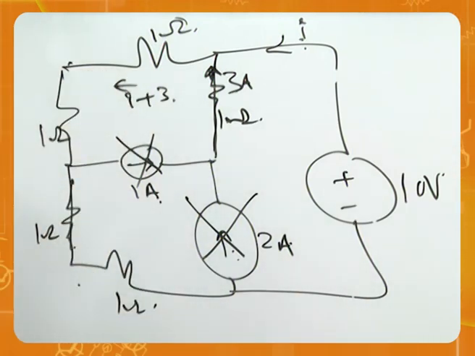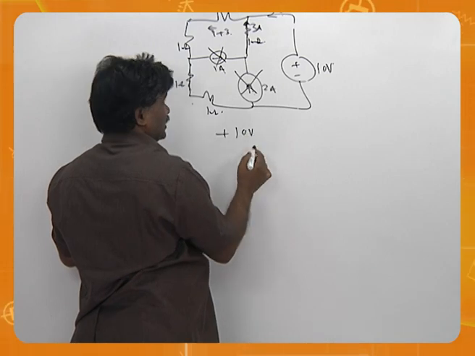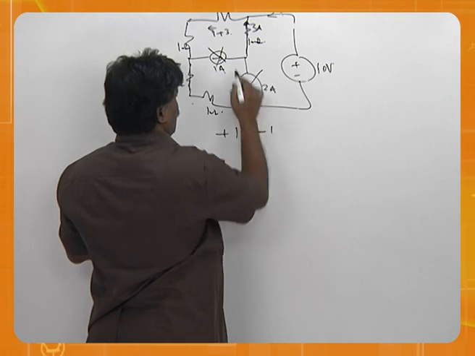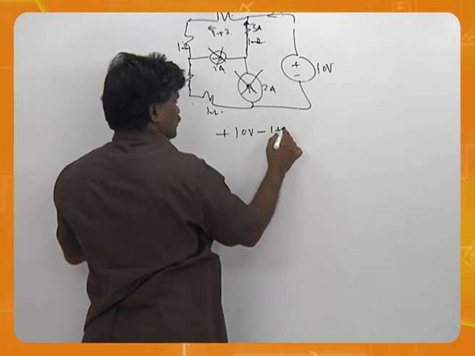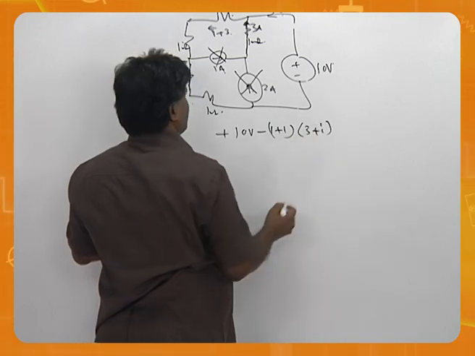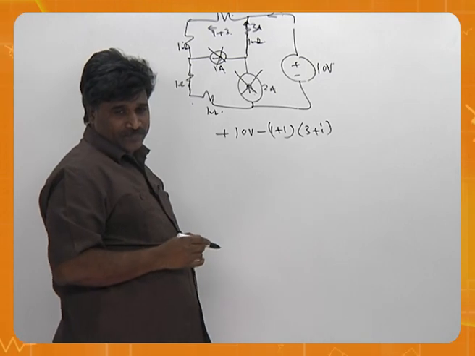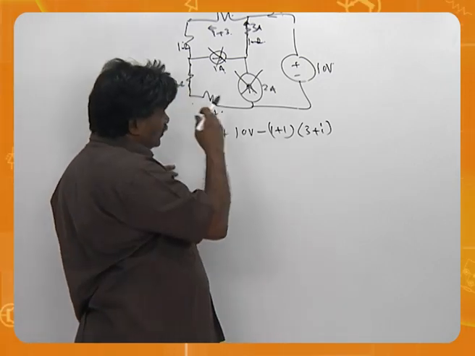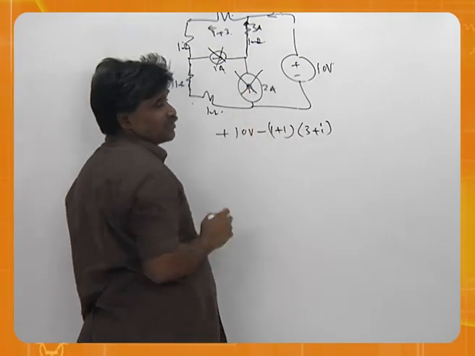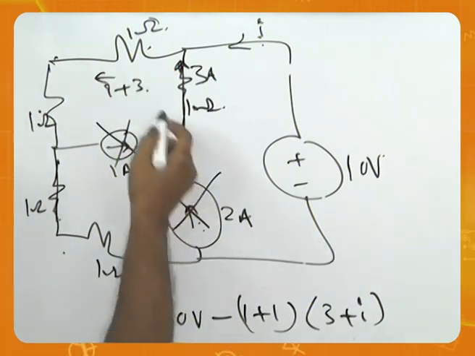This is a loop. Therefore, let me apply 10 volts minus 1 plus 1 is 2 into 3 plus I. This is one equation.